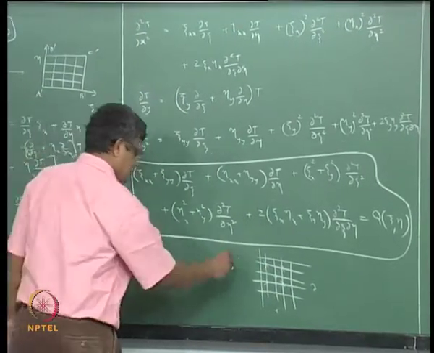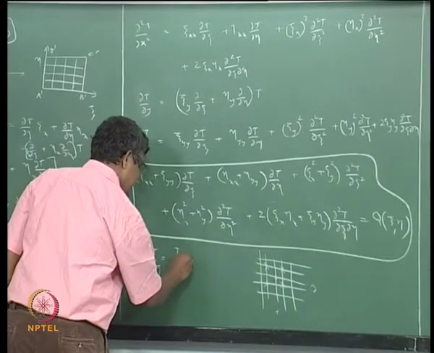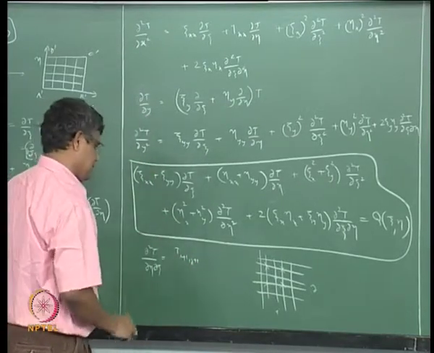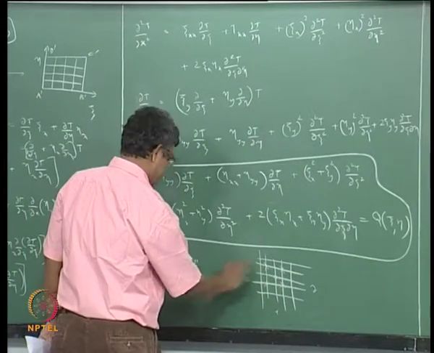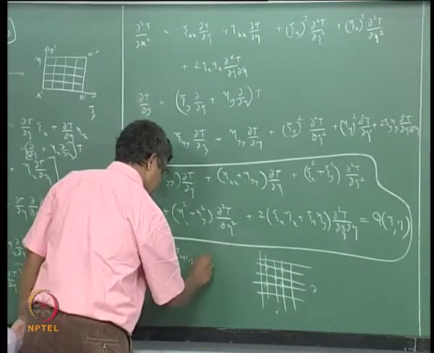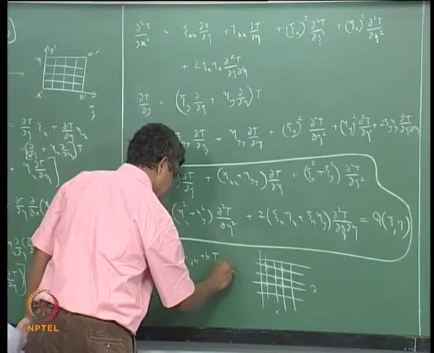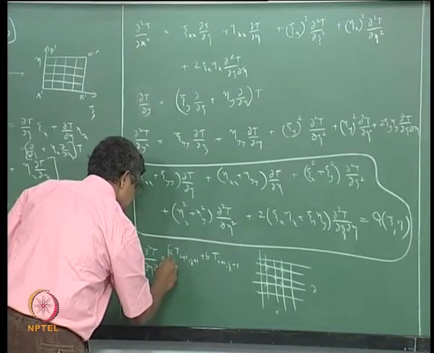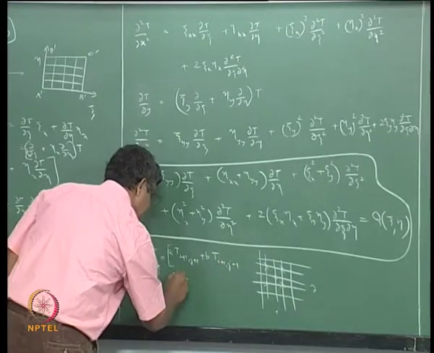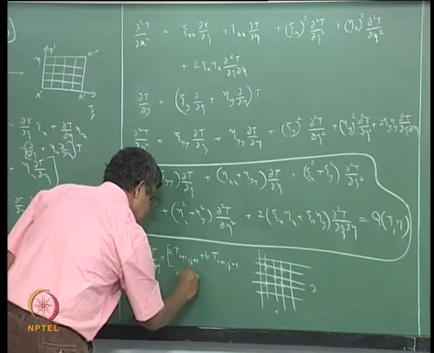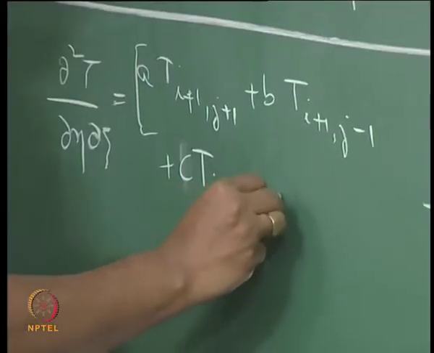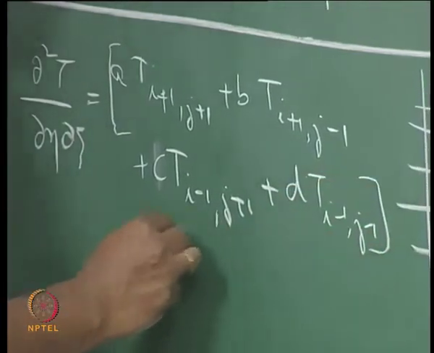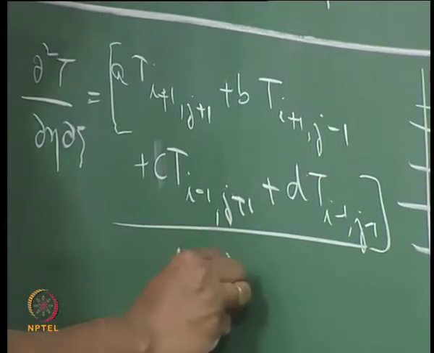So, this will be a times T(i+1, j+1) plus b times T(i+1, j-1) plus c times T(i-1, j+1) plus d times T(i-1, j-1), this whole thing divided by some delta eta delta psi.